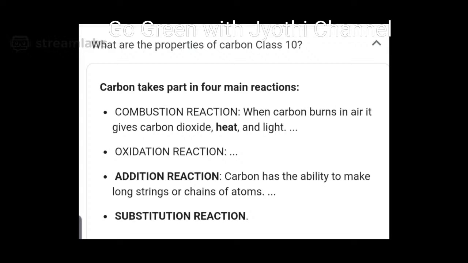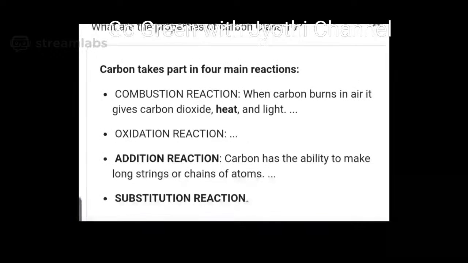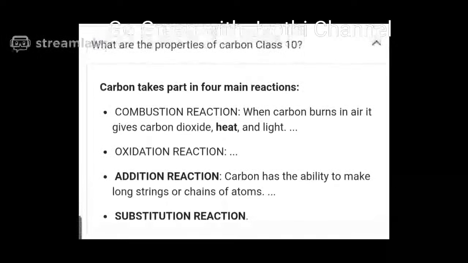Carbon also can easily undergo substitution reaction.